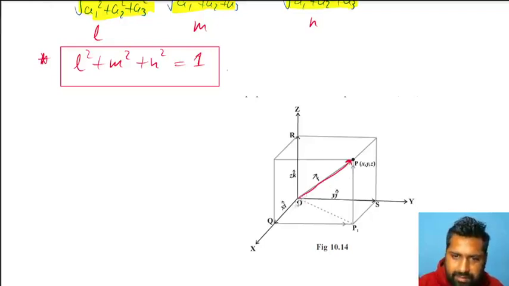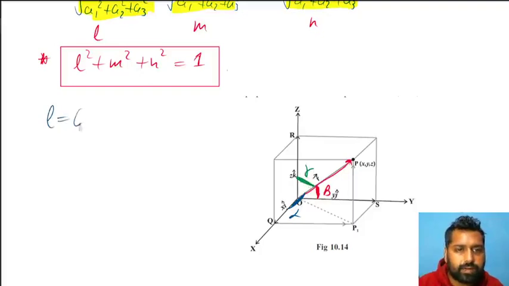So if this line makes some angle with the x-axis, let's say alpha. It will make some angle with the y-axis. I'll use different colors. Some angle with the y-axis, let's say beta. And this makes some angle with the z-axis, gamma. Now L is basically your cos alpha. M is cos beta.